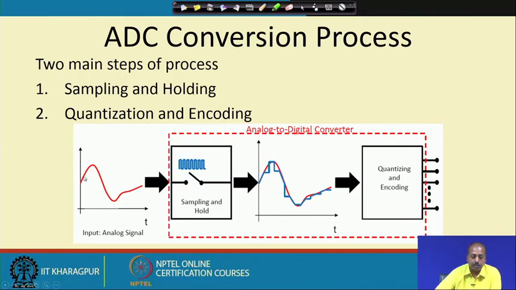This is the actual analog signal. There is a sampling and hold circuitry which will sample these signals at some intervals of time. Though the analog signal is continuous, to convert it into a digital signal we need some value at some fixed point of time, so that value can be converted.